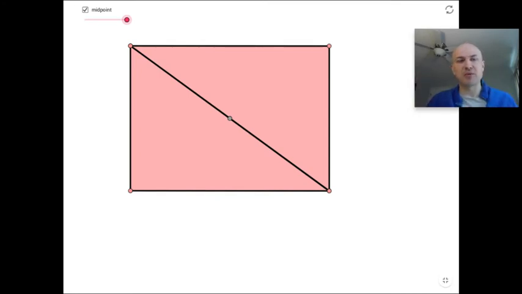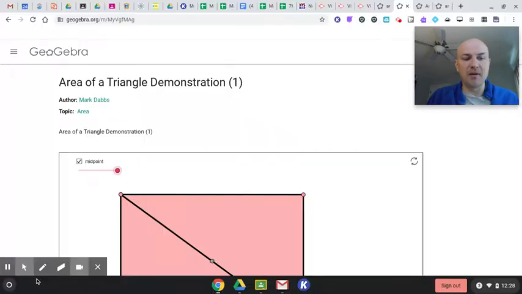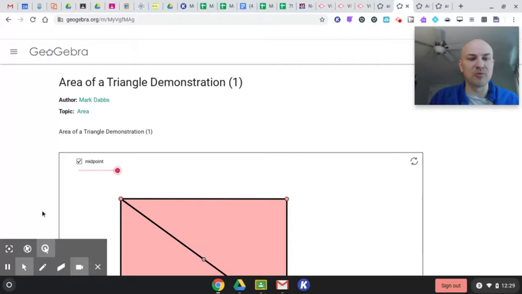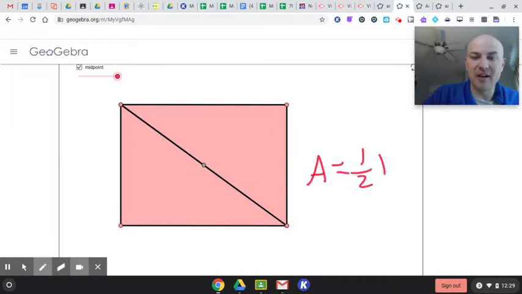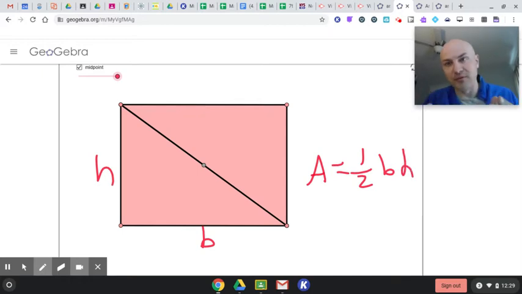So that's where the formula comes from. And our formula for a triangle is area equals half base, here's the base, and here's the height, half base times height. So there's the triangle formula.